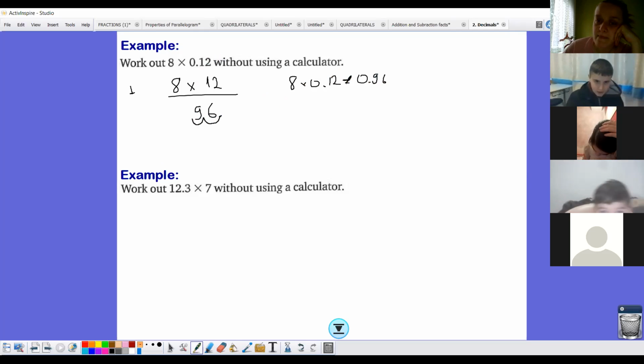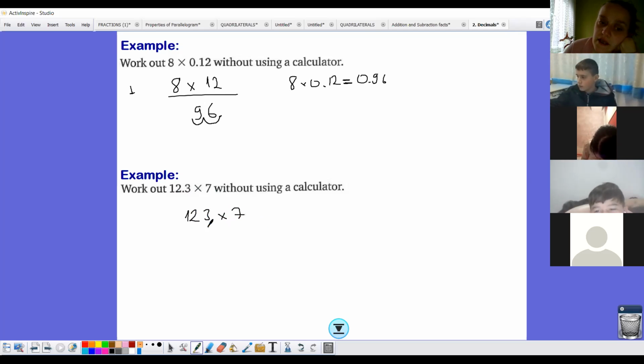So 4 more to make a whole number. Now here we have 12.3 times 7. I will ignore the decimal point. And then 3 times 7, 21. 1, I'm writing 2 in mind. 2 times 7, 14. And 2 in mind, 16. 1 in mind. 1 times 7, 7.